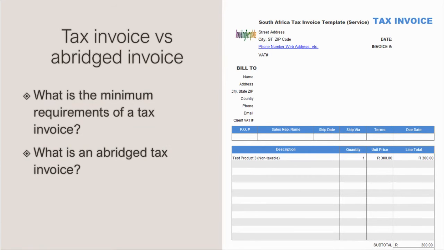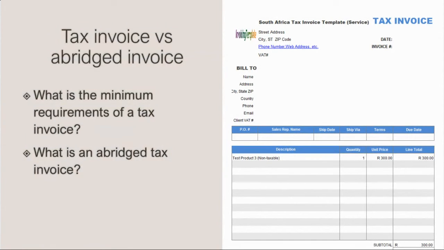Other information that would also be on there, you will see here at the bottom, they've got a description. So they tell you what type of goods they've purchased. They also tell you the quantity and the unit price per product. And then we work out the total amount per line item. What's not on the screen here, because I cut it off, is a subtotal.